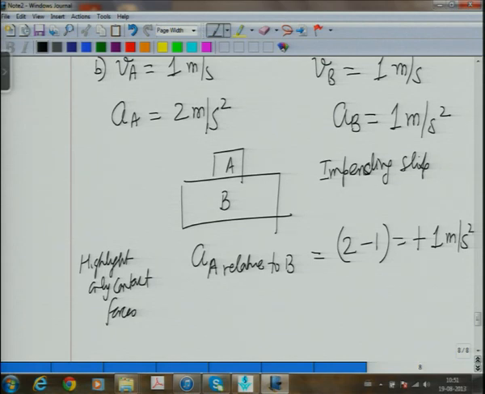block A, the acceleration is 2 meters per second square, and that means when I draw the free body diagram of block A, now this pen refuses to write. Have I done something to this?